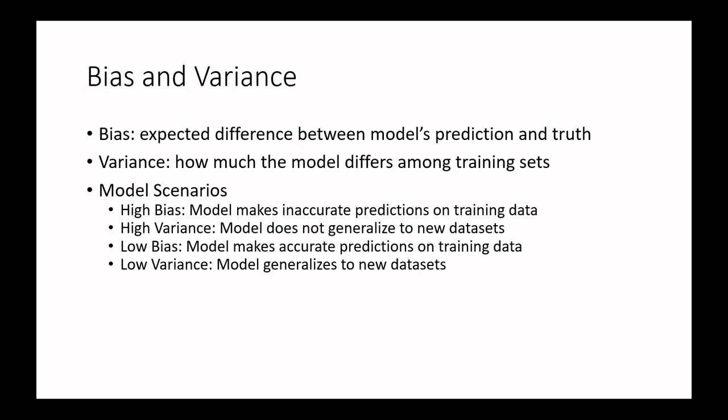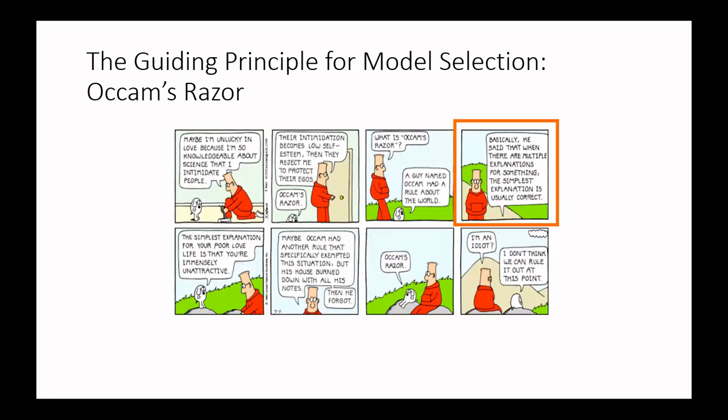So there is a final slide here to end this particular discussion. This is what we call the guiding principle for model selection, known as Occam's razor. To put it in a very simple way, what you should be striving for when you're building a model is to keep it simple. Go for a simple model as far as possible. Those models, in the long run, do a good job, they do pretty good, and they are useful.